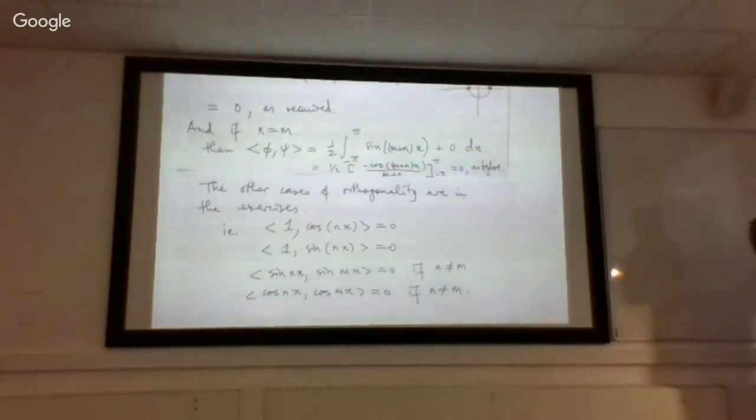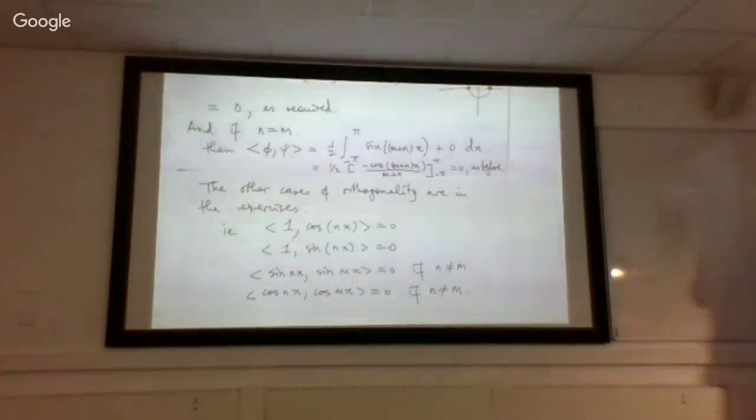So that geometric idea generalizes to general vector spaces, and it becomes this concept of orthogonality with respect to a certain inner product. So you can have a vector space, but many different inner products defined on it.